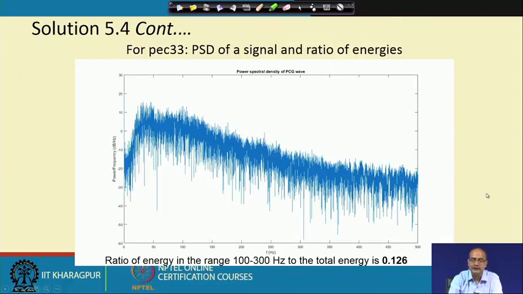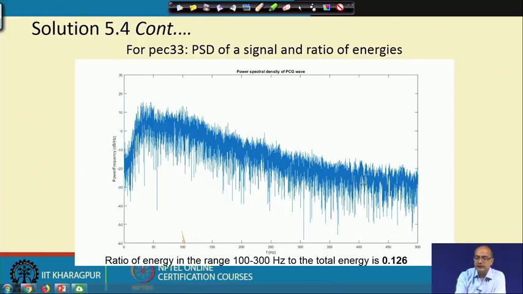Let us look at the other parameters. What we get is the spectrum. Here also the basic nature is the same, that most of the energy is below 100 hertz, like the previous signal. Okay.